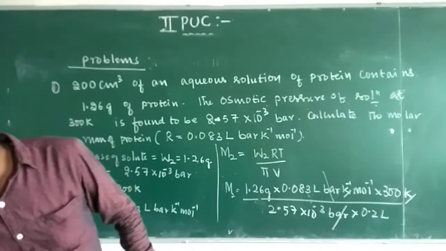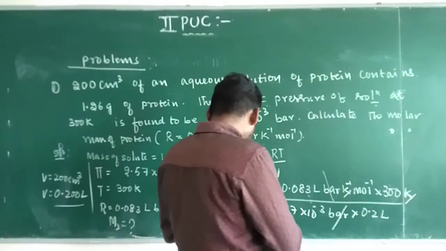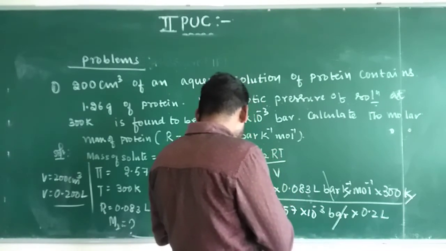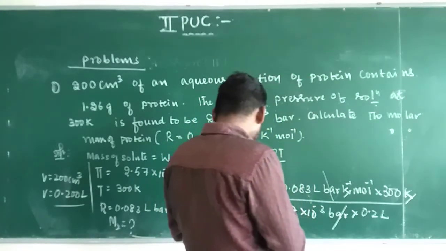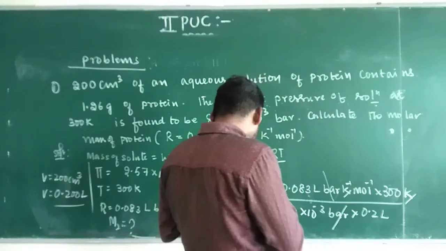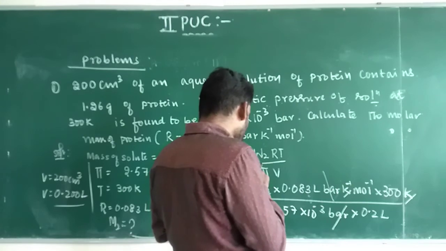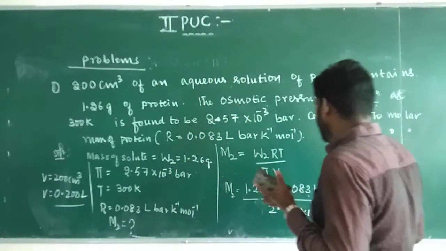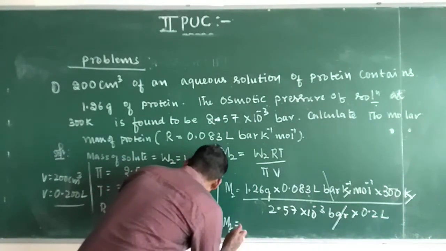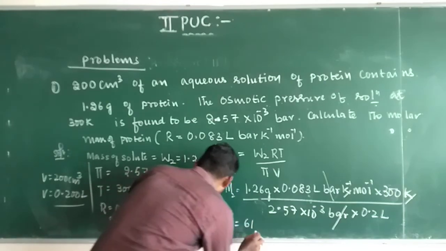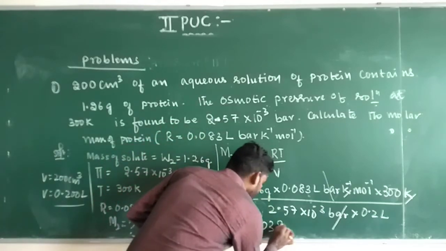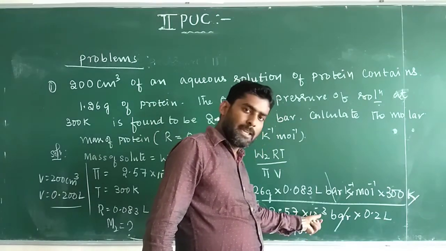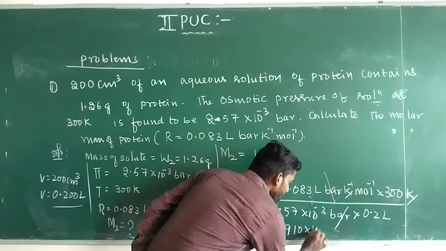So let us calculate the molecular mass. That is 1.26 into... 10 power minus 3 is in the denominator; if it comes to the numerator it is 10 power plus 3.